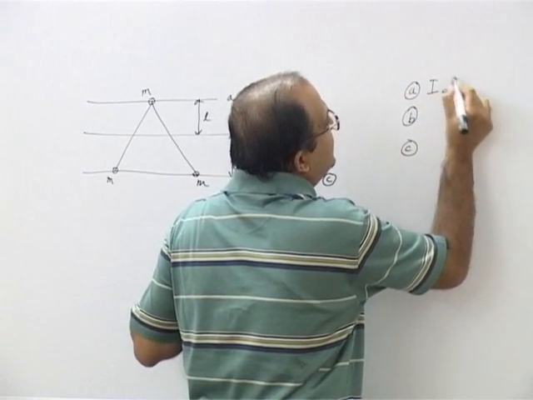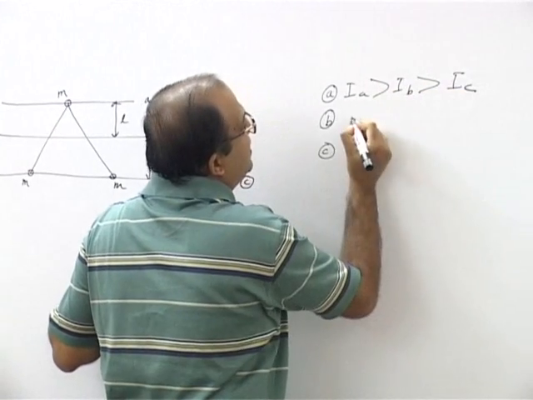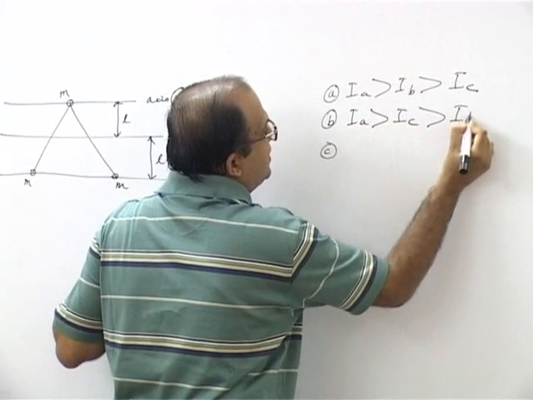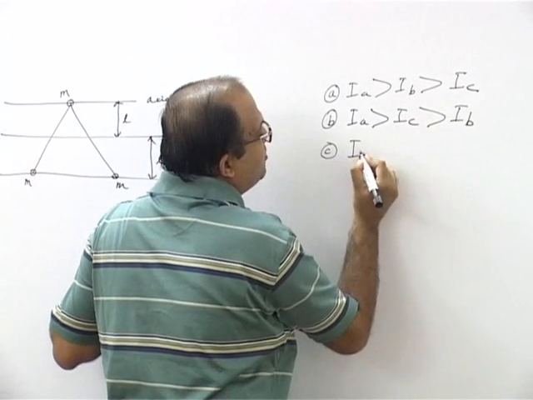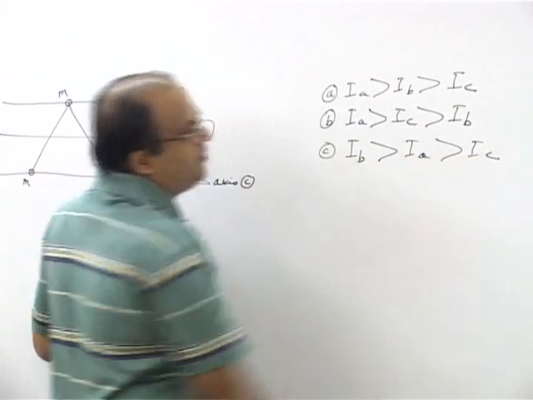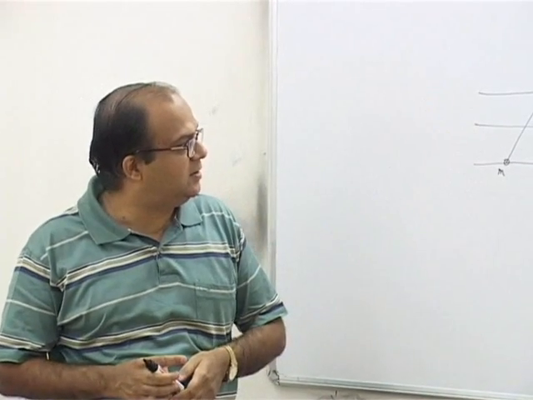First one is IA greater than IB greater than IC. Next one IA greater than IC greater than IB. Last option IB greater than IA greater than IC. So which of the following statements is correct?